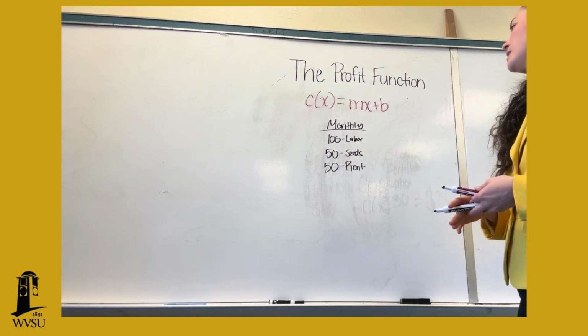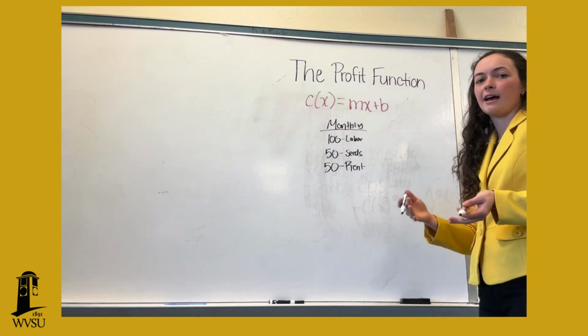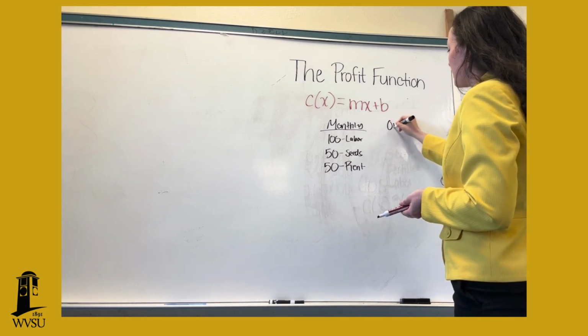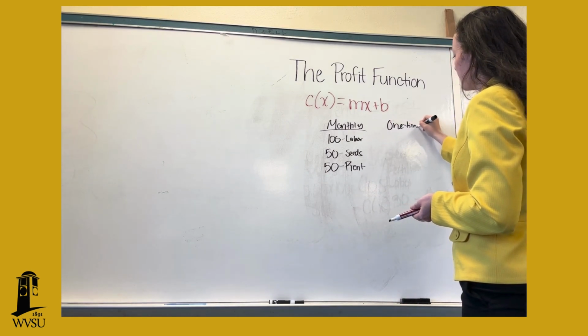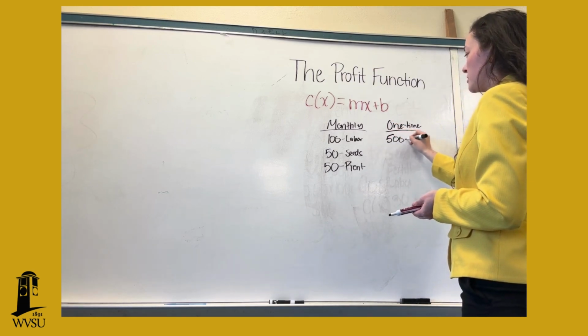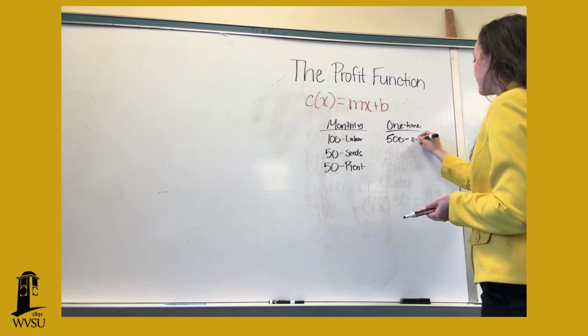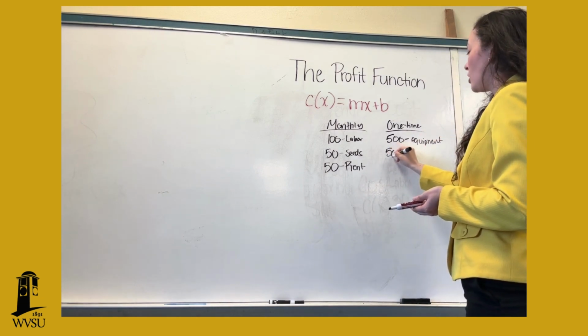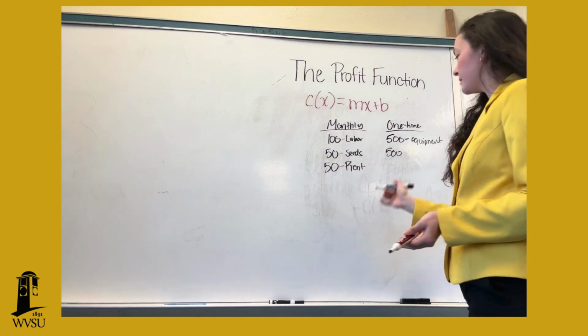Now, we can also say that they had some one-time or initial fees, which will be our B value. One-time fees of $500 to purchase new equipment and $500 to create a new branding.